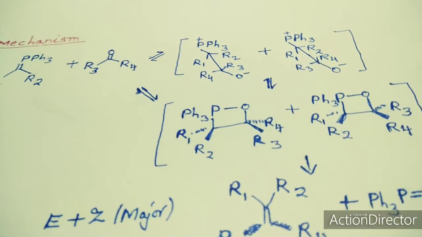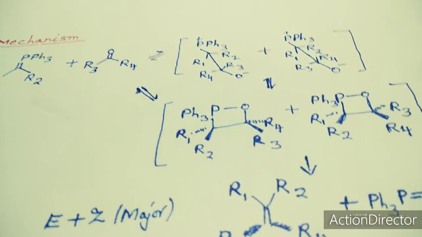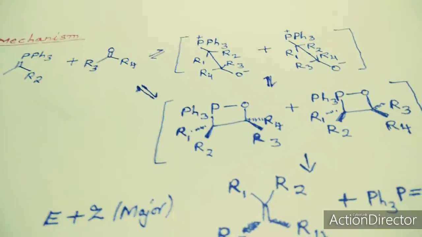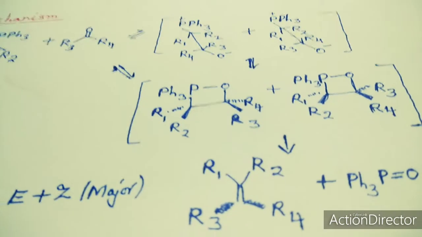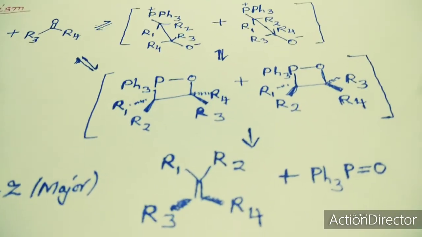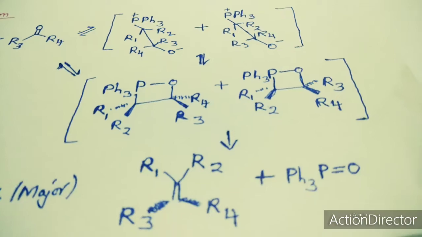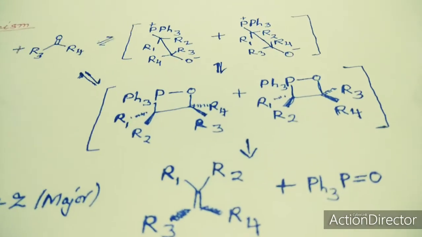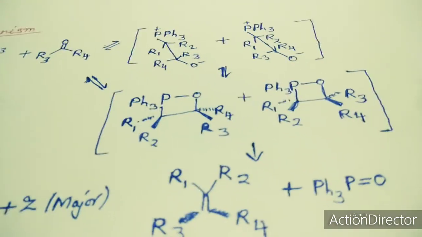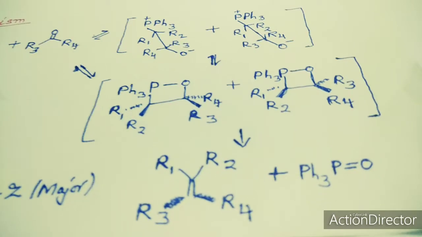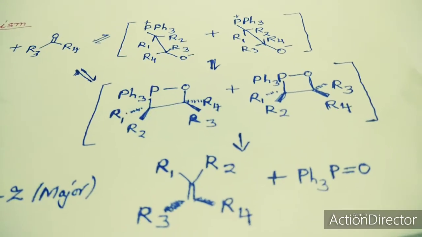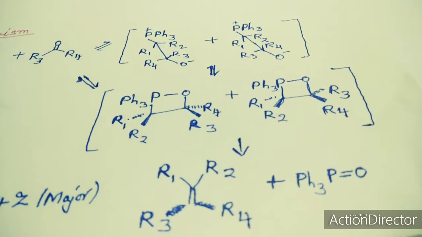We will soon see how this happens, that we get a mixture, but Z is the major and E is the minor compound formed in this reaction.